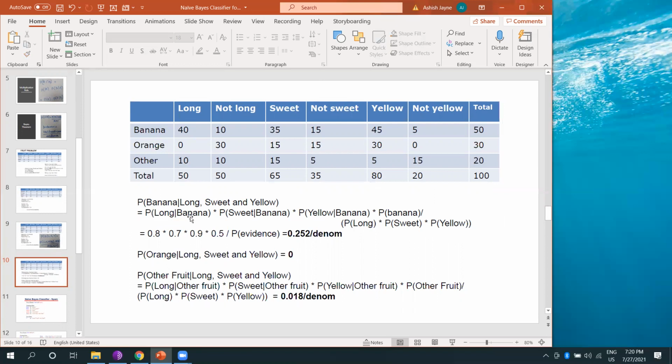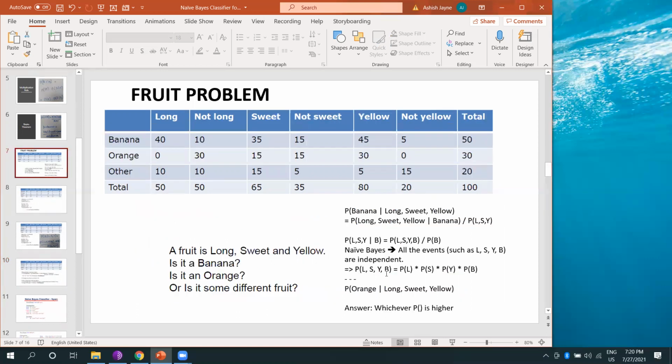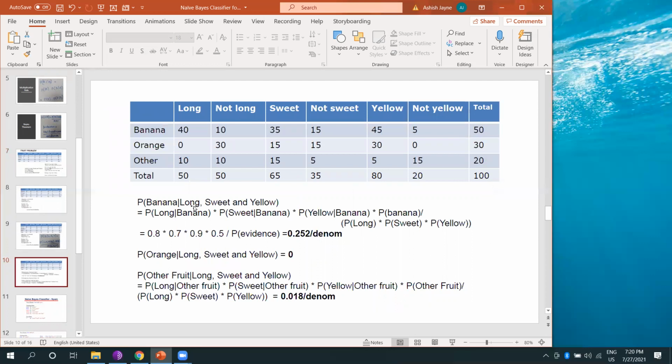So P(banana | long, sweet, yellow) is equal to P(long | banana), which essentially means that it is a banana and we have to find out the probability that it is long.